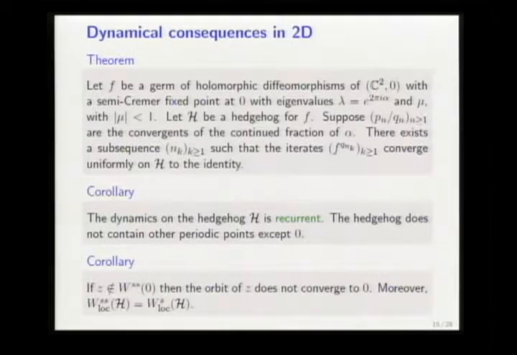However, in C2, you have to be careful because, for instance, if there is a strong stable manifold, of course on the strong stable manifolds, points converge to the origin asymptotically fast. But if you're not on the strong stable manifold, the orbit of z does not converge to 0, first of all. We can say more about this.